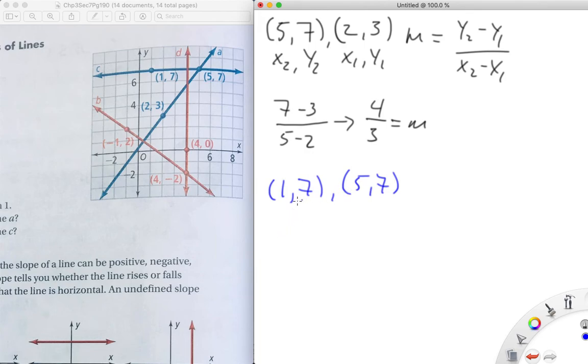We'll call these my 1s and these my 2s. 7 minus 7 over 5 minus 1, which gives me 0 over 4, which gives me 0. So my slope would be 0, meaning it doesn't go up as it goes to the right. 1, 2, 3, 4, a distance of 4. Notice that when a slope is 0, you get a horizontal line. Okay.